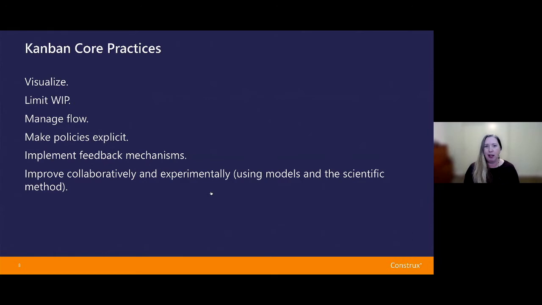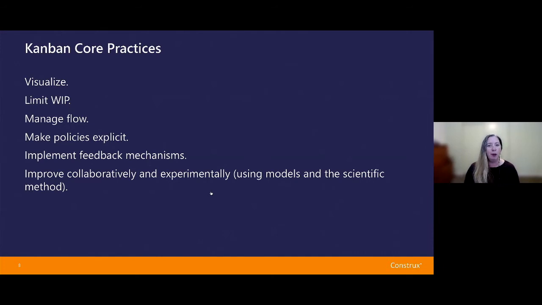We also want to understand things like how do we handle blockers, and that's another way that we would talk about policies. We want to look at our flow data so that we understand how is the flow of our system and is that improving over time as we do our experiments.